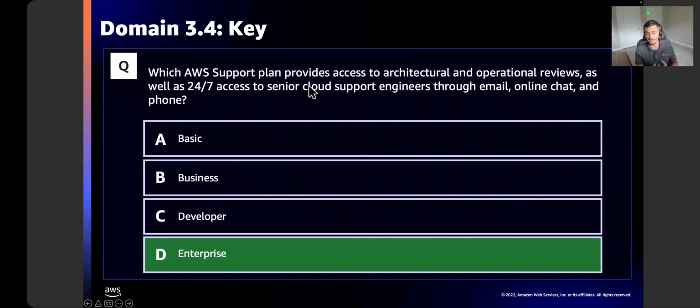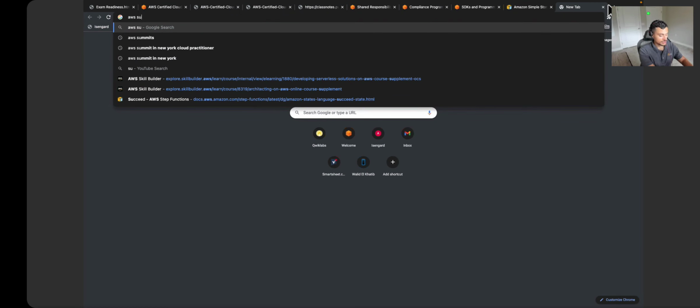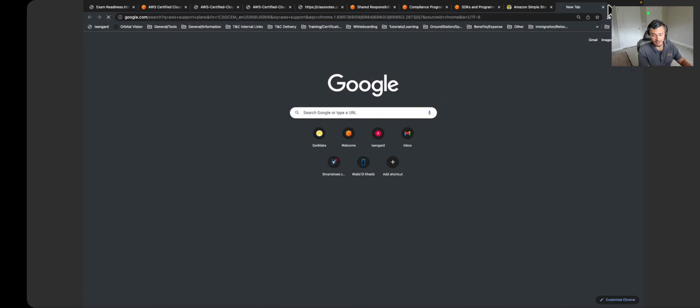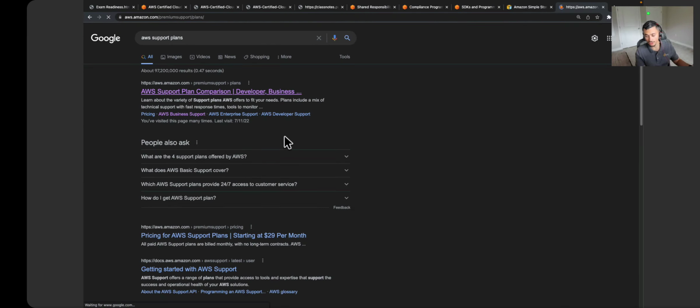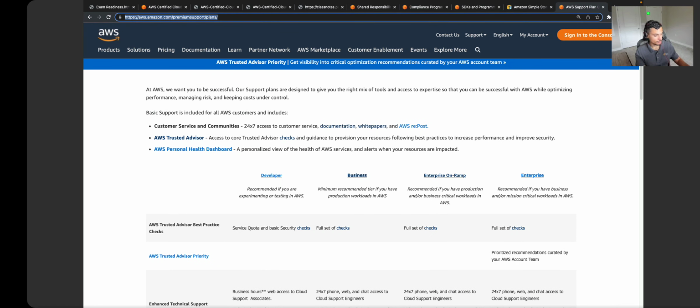So in fact, the enterprise plan is the only one that gives you access to architectural and operational reviews, as well as 24/7 access to senior cloud engineers through online chat and so on. So you can go search for AWS support plans, and you do need to go through this before going to the exam, right? You need to go through this before going to the test.